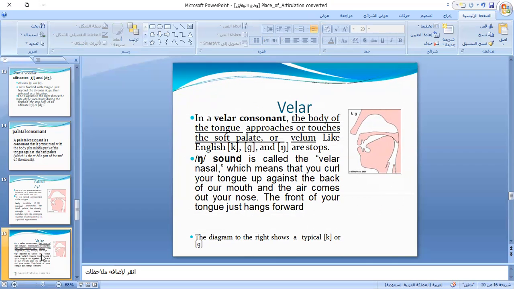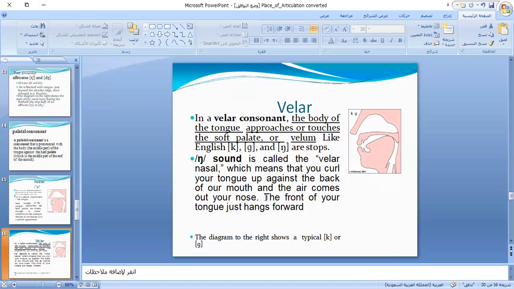Velar. In a velar consonant, the body of the tongue approaches or touches the soft palate or velum, like English K and G, and the ng sound. The ng sound is called velar nasal, which means that you curl your tongue up against the back of your mouth and the air comes out of your nose.